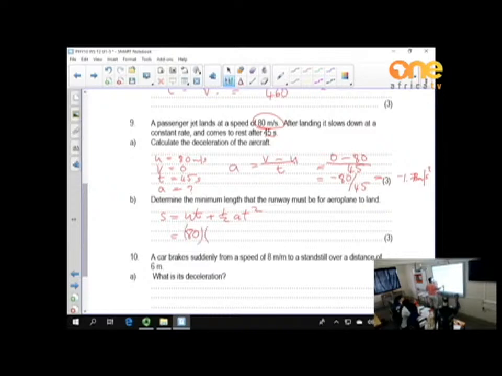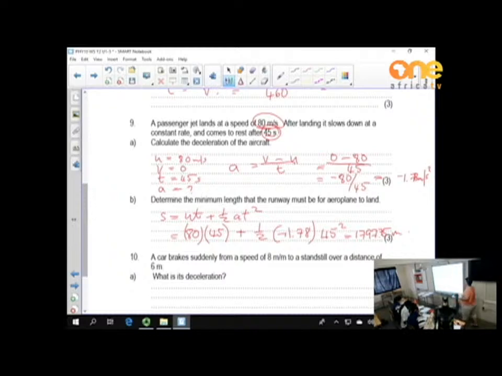And what is the time? 45 seconds plus half of, we've got acceleration minus 1.78. And the time is 45 squared. So, what's the answer? 1797.75 meters.